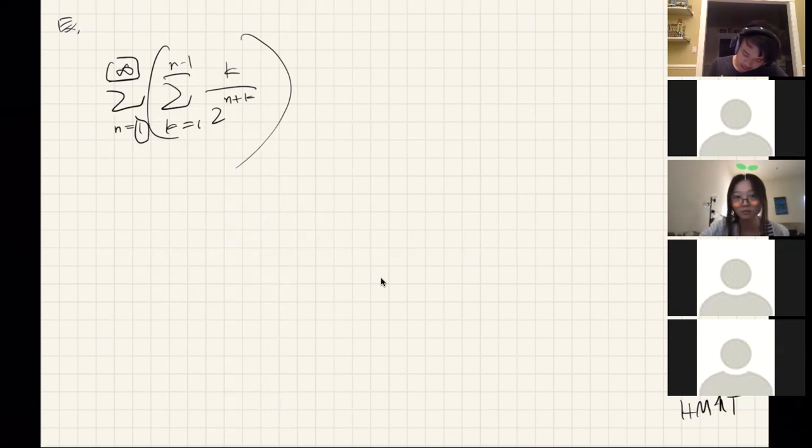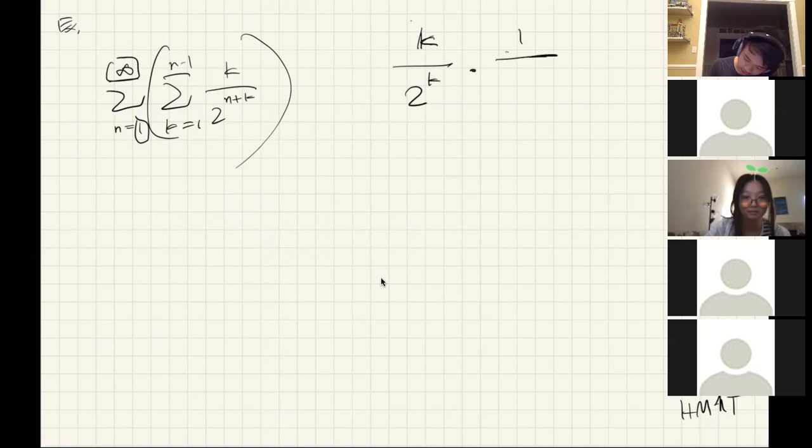So the first idea you should get is to split the denominator. So you want to split the denominator in general into a part that involves k and a part that involves n. So the part that involves k is going to be k over 2 to the power of k, which looks a little bit like our arithmetico-geometric series, right? But don't go there yet.